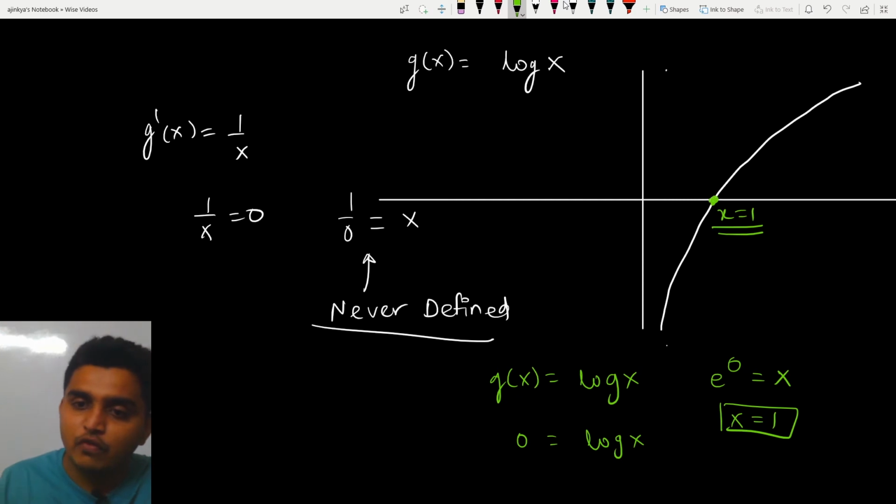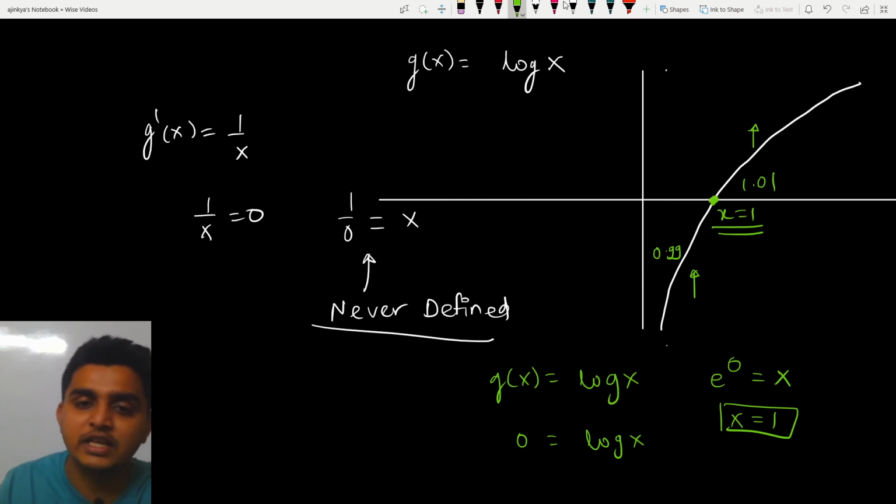But if we take any point before 1, let us take 0.99, and after 1, 1.01, we can clearly see that this function is an increasing function.